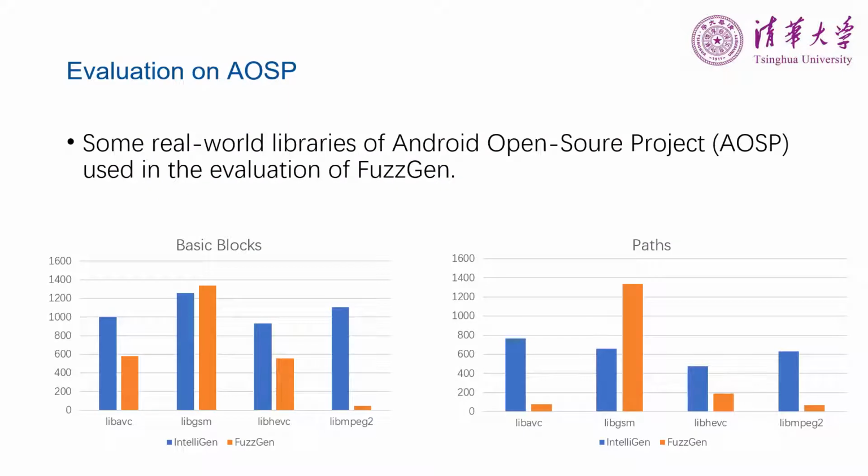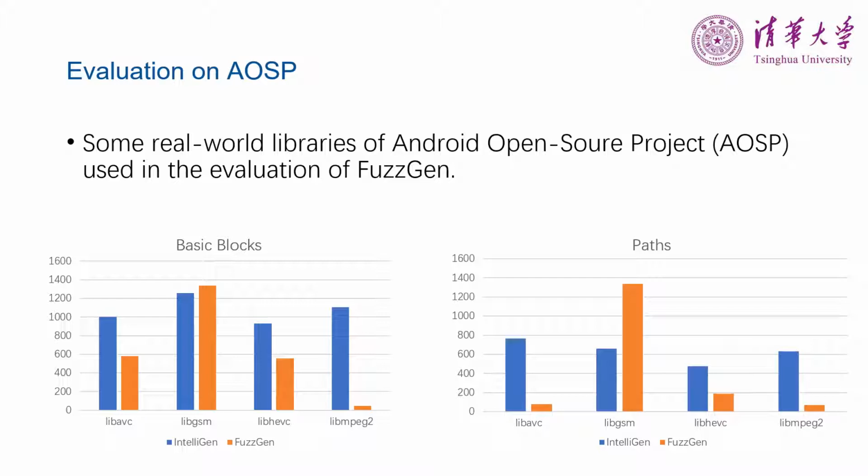After implementing the two components, we evaluate the IntelliGen framework on some industrial projects, and here is the result. We use the fuzz driver given by Fuchen on GitHub, and our synthesized fuzz drivers. Run them for 24 hours and choose the driver with the highest coverage as the result.